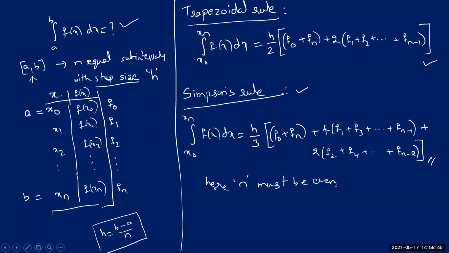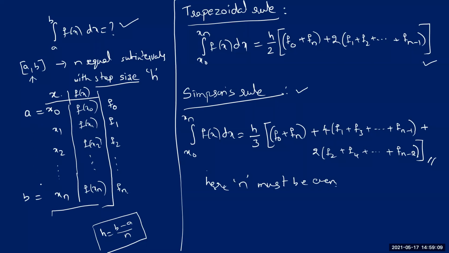Understand that carefully. Step size is the width of each subinterval. Now see, when you divide that into different numbers of subintervals, look at this. You have divided the interval a to b into n subintervals like this, x0 to x1, x1 to x2, and so on. So that we got a total of n plus 1 data points.